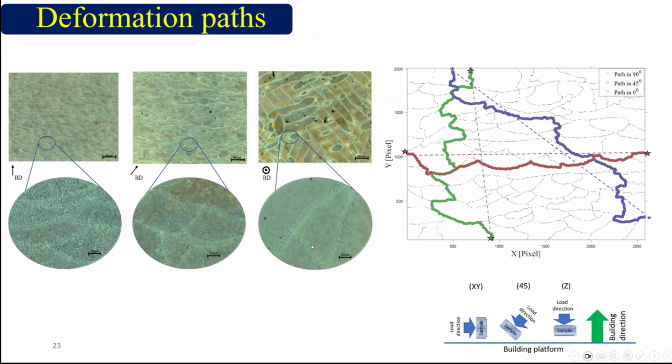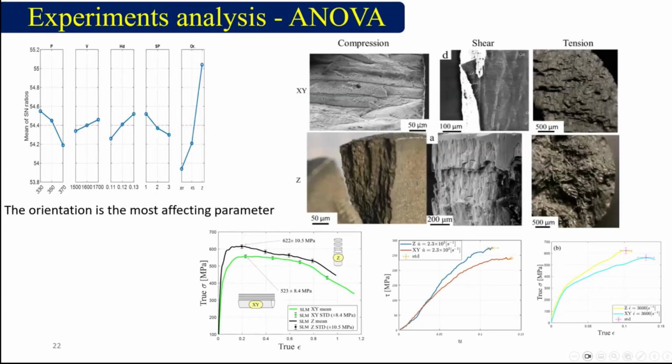So we tried to quantify these results, and what we did is extract the microstructure for each sample. Another thing that we saw is that the crack propagates along the melt pool boundaries. Again, under compression, under shear, and under tension. You can see here the evidence of the melt pool boundaries.